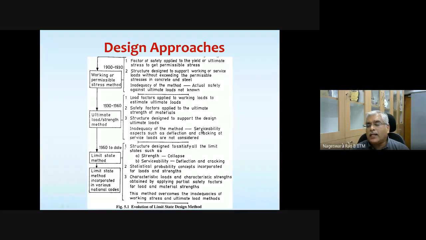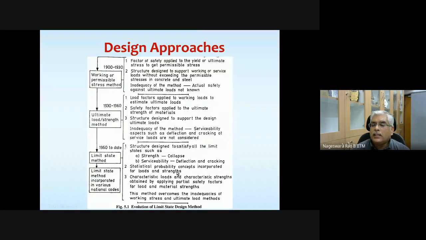So whatever the inadequacy of this ultimate load or strength method, serviceability aspects such as deflection and cracking not being considered, that is considered in the limit state method. And also, instead of blindly taking some load factors and safety factors without any basis, here statistical probability concepts are incorporated for loads and strengths.